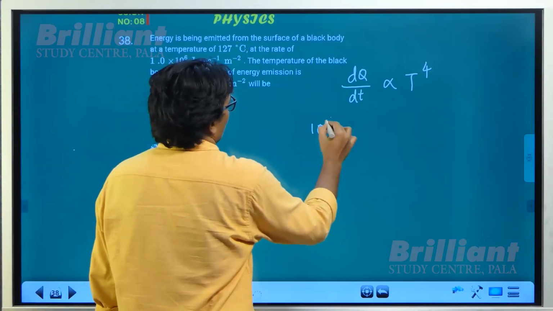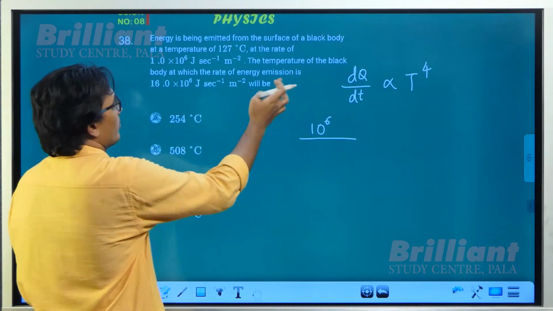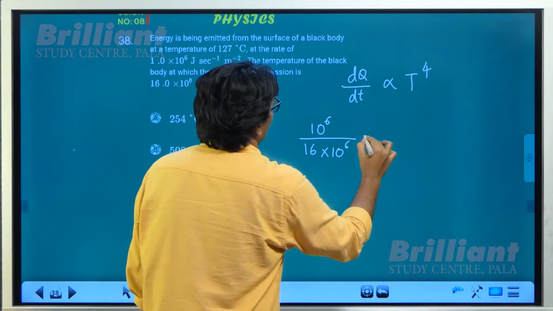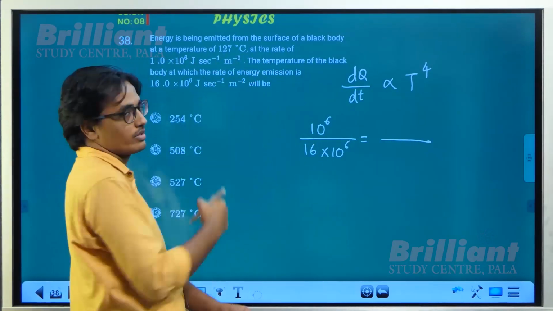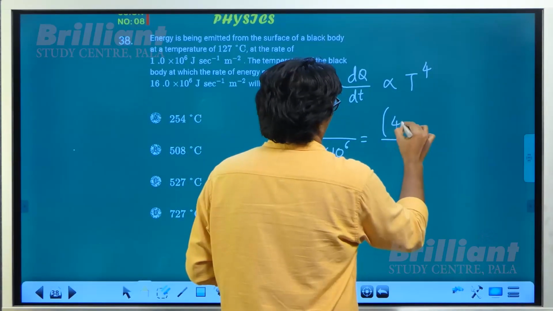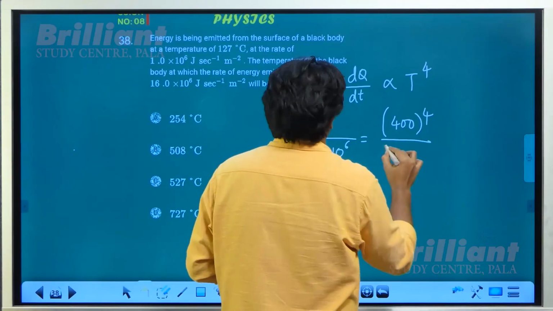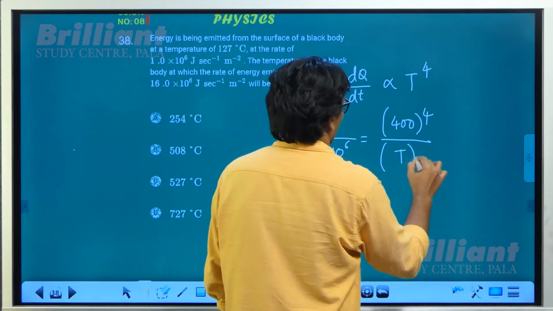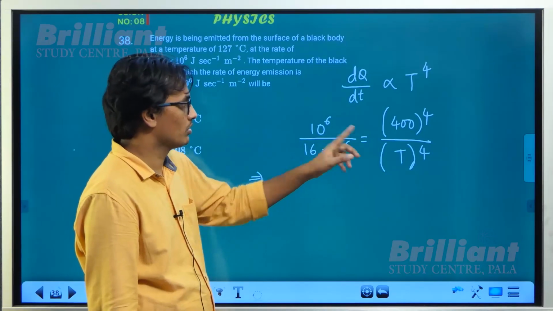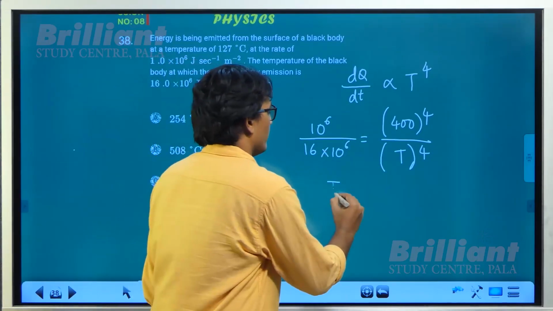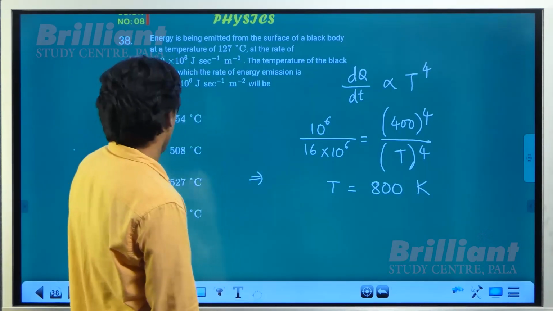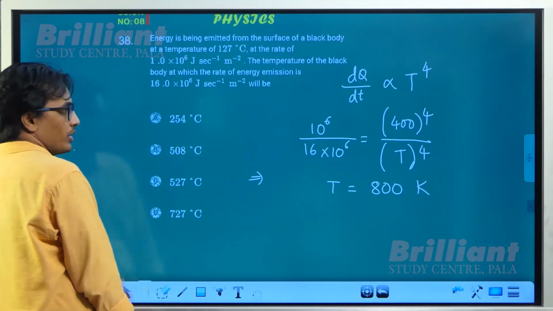So the first rate is 10 power 6, divided by the rate at the unknown temperature, 16 into 10 power 6, will be the initial temperature, 127 degrees centigrade converted into Kelvin, 400 Kelvin, by T power 4. You can write this as 2 power 4, so the power 4 cancels. So you get T is equal to 800 Kelvin, or 527 degrees centigrade.